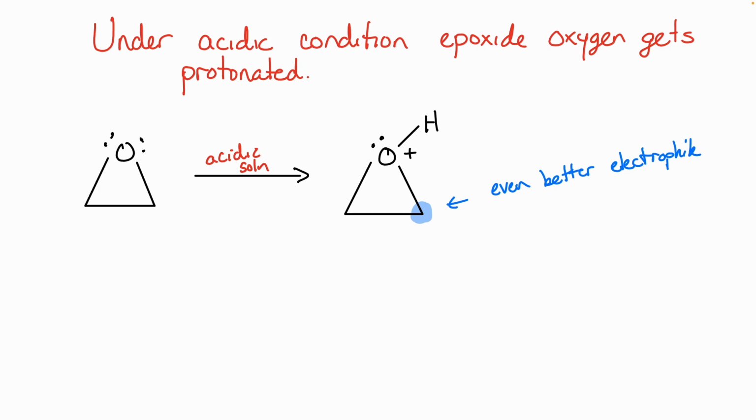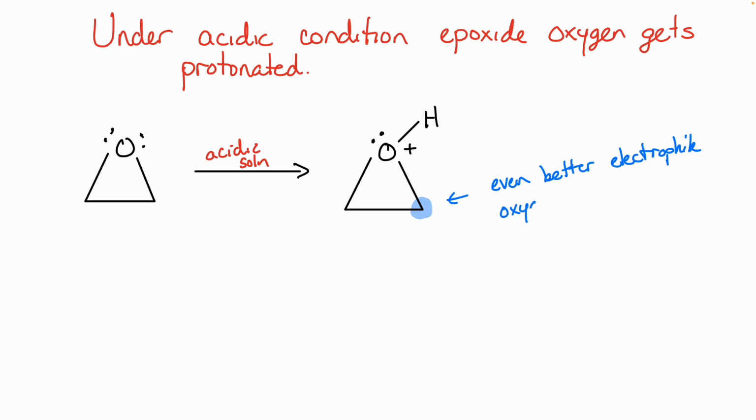Oxygen, being so electronegative, is all upset to have that positive charge, and it starts pulling at that pair of electrons in that carbon-oxygen bond even more forcefully. All right, so that carbon is left relatively electron deficient, meaning it's an even better electrophile. We can just say oxygen pulls electron density even stronger.